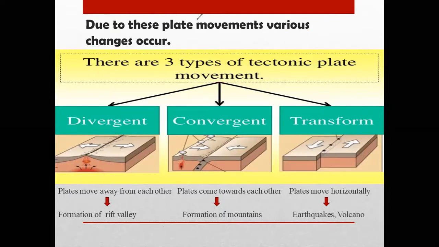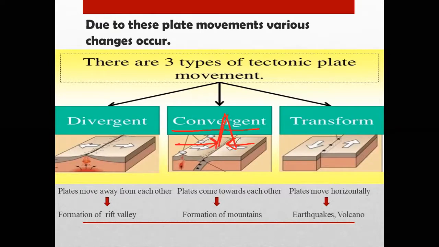Let's start with convergent plate movement. In convergent plate movement, two plates come towards each other. They collide and lead to the formation of a folding structure called mountains.